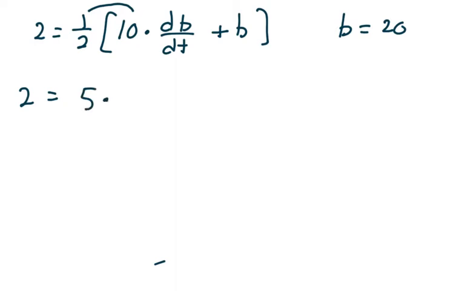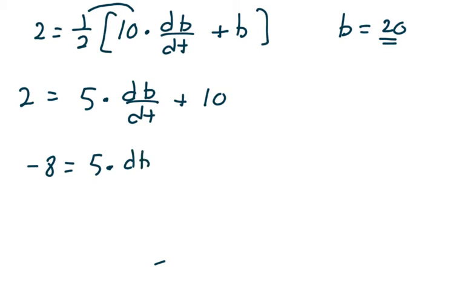So I'm going to take 5 times dB dt plus half of 20, basically, which is 10, right? So I'm going to move the 10 over, and I'm going to get -8 is 5 times dB dt. And so dB dt is equal to -1.6. Now the question is, what does that mean when you get a rate of change that's negative?